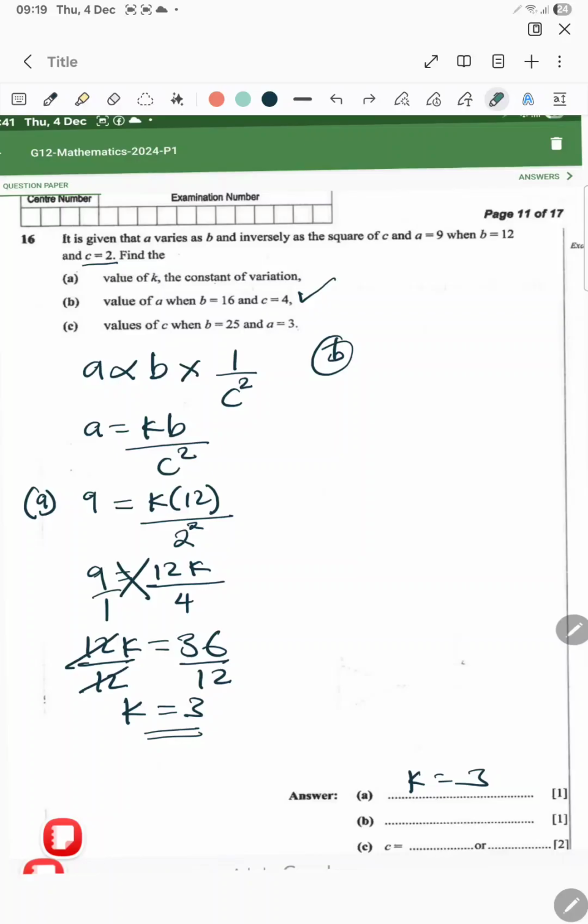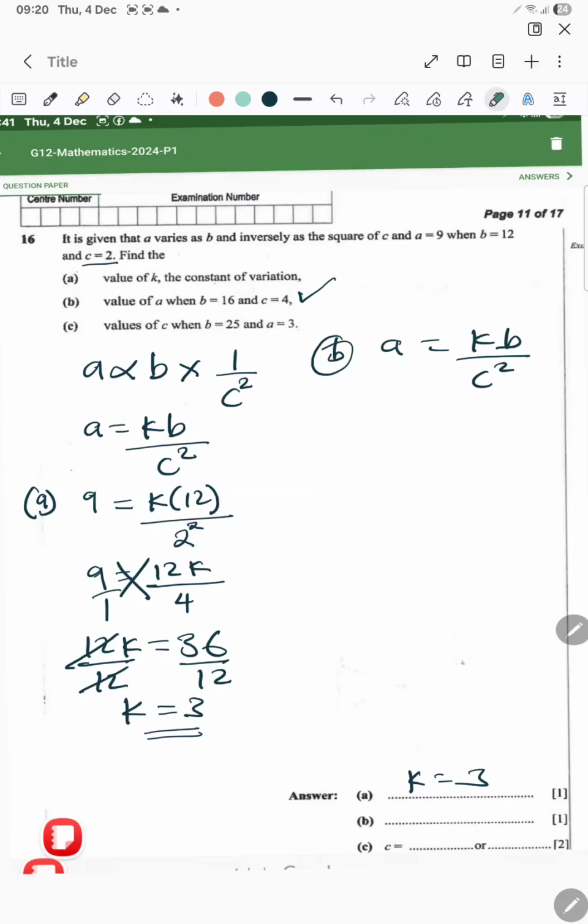You start by writing the formula that you already know, which is a is equal to kb over c squared. In that case, you are going to replace the values. Where there is b we put 16 and where there is c we put 4, and the value of k is already calculated, which is 3.